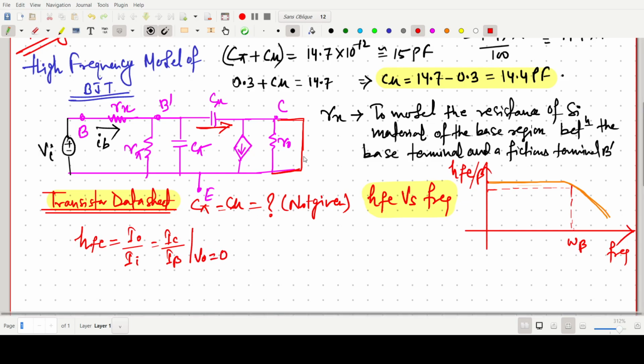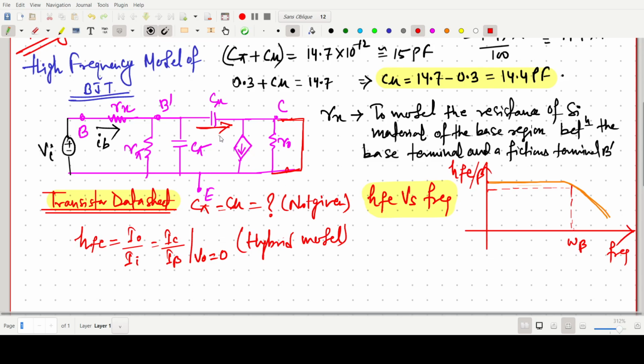That's why we short circuit it. I will also put my H parameter concept of this BJT in the description link. So HFE will be I naught by I, IC by IB.